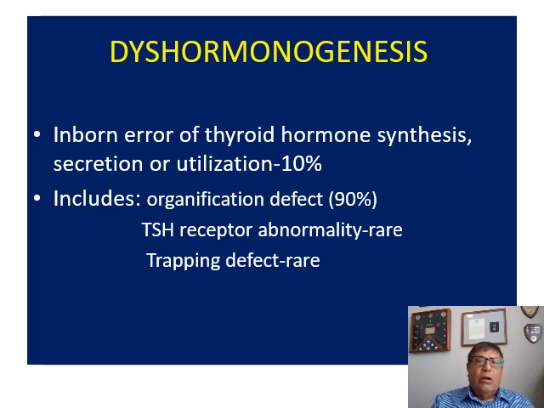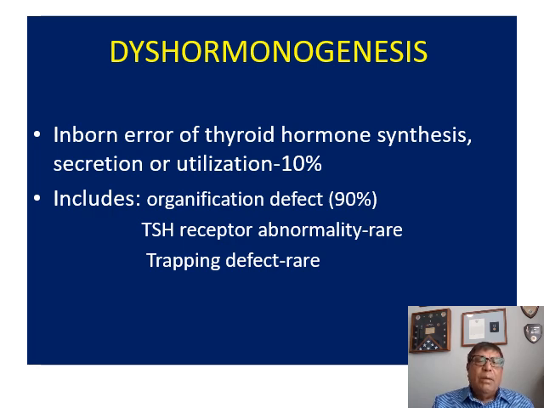Dyshormonogenesis is an inborn error of thyroid hormone synthesis, and the most common is thyroid peroxidase deficiency, also known as organification defect, about 90% of the time. The other trafficking defects and TSH receptor abnormalities are rare. I just mention them for academic interest.